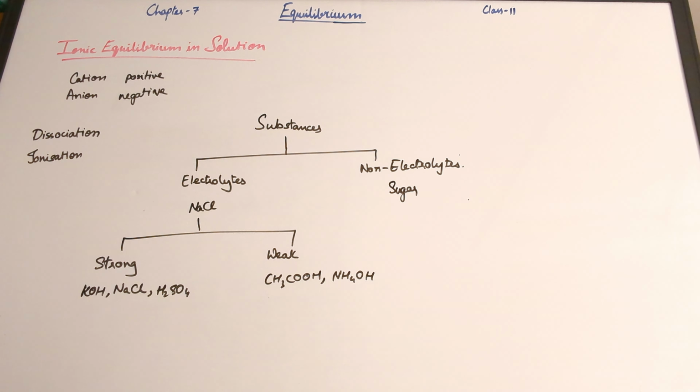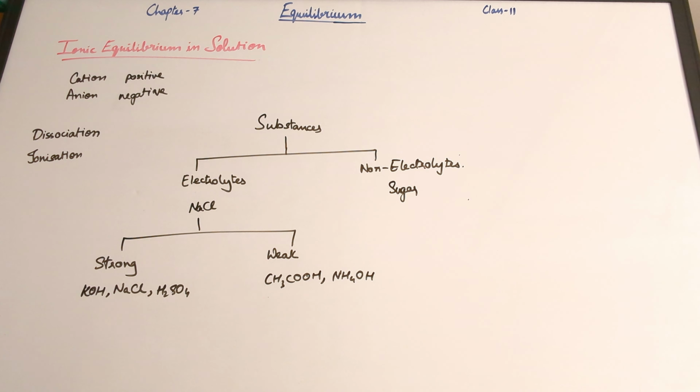Ionization, on the other hand, is when the substance is in a neutral state as a molecule, but when it's introduced to a solvent, it gets split to give the ions. But remember, both these terms can be used interchangeably. I would definitely land up using more of ionization than dissociation. So I hope all of that made sense.